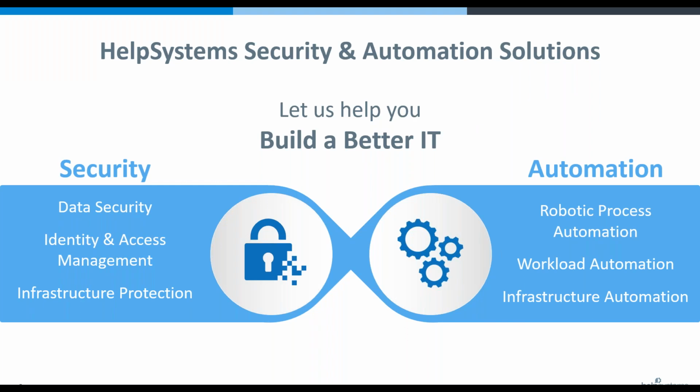So when you think about HelpSystems, we don't always think about the fact that we're a company that's bringing together security and automation. We want to build a better IT for you. And the way we're doing that is looking at both security and automation as intersections.